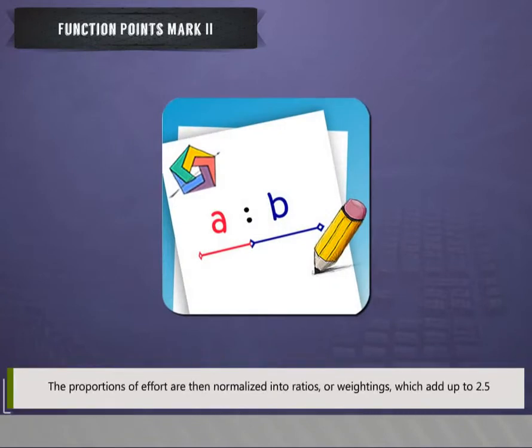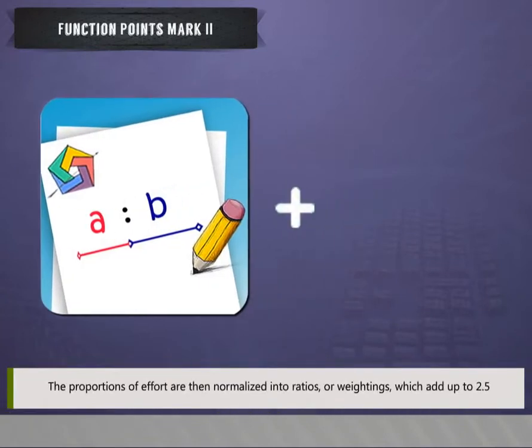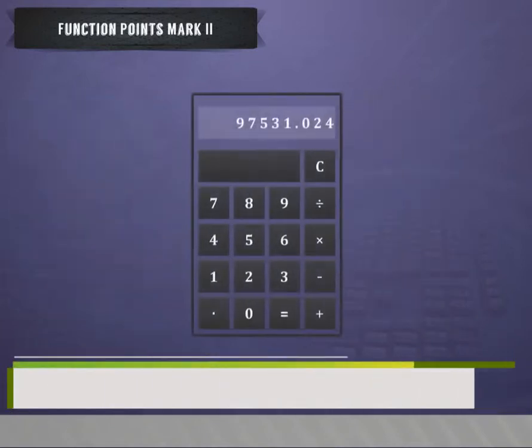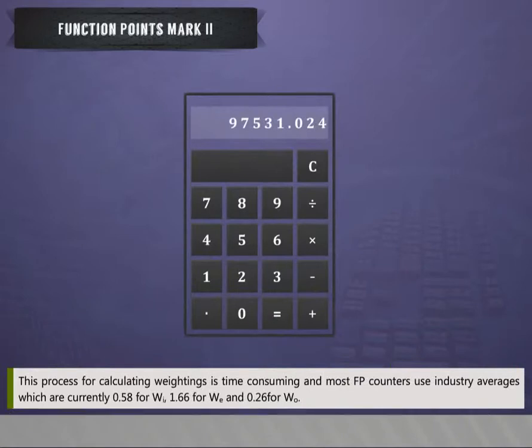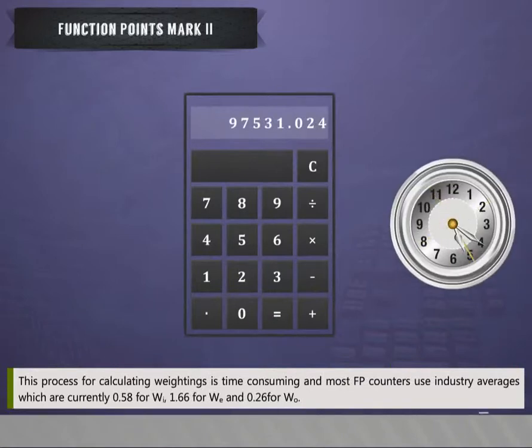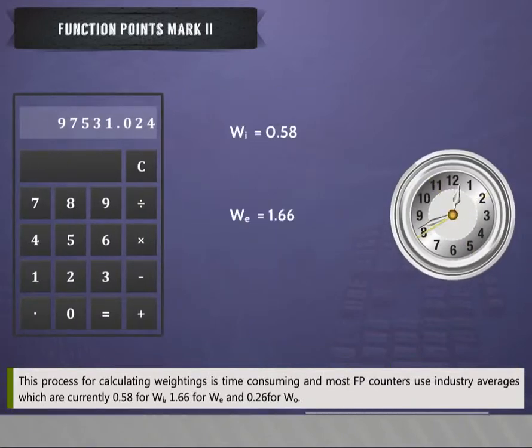The proportions of effort are then normalized into ratios or weightings which add up to 2.5. This process for calculating weightings is time-consuming, and most FP counters use industry averages, which are currently 0.58 for WI, 1.66 for WE, and 0.26 for WO.